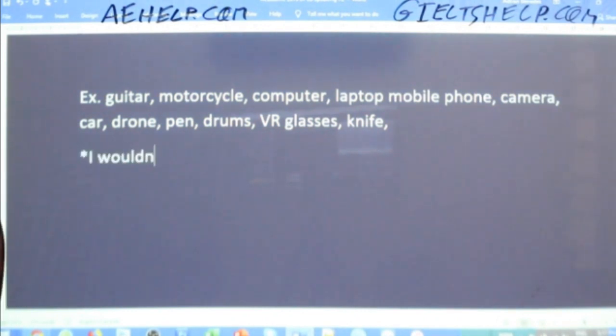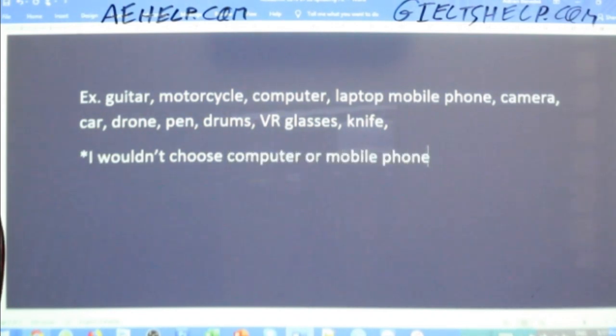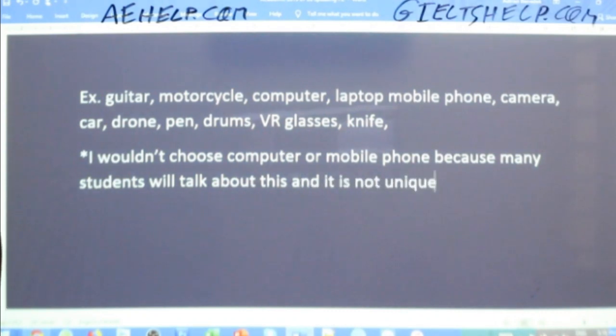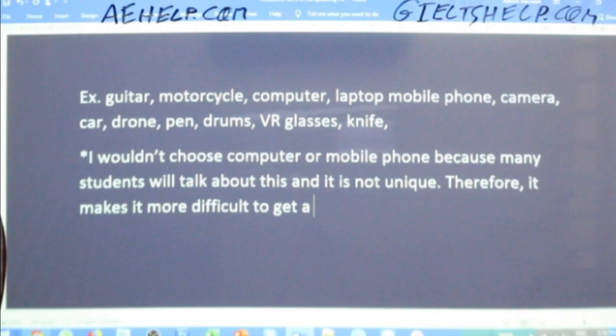I wouldn't choose computer or mobile phone because many students will talk about this and it is not unique. Therefore, it makes it more difficult to get a high band score.